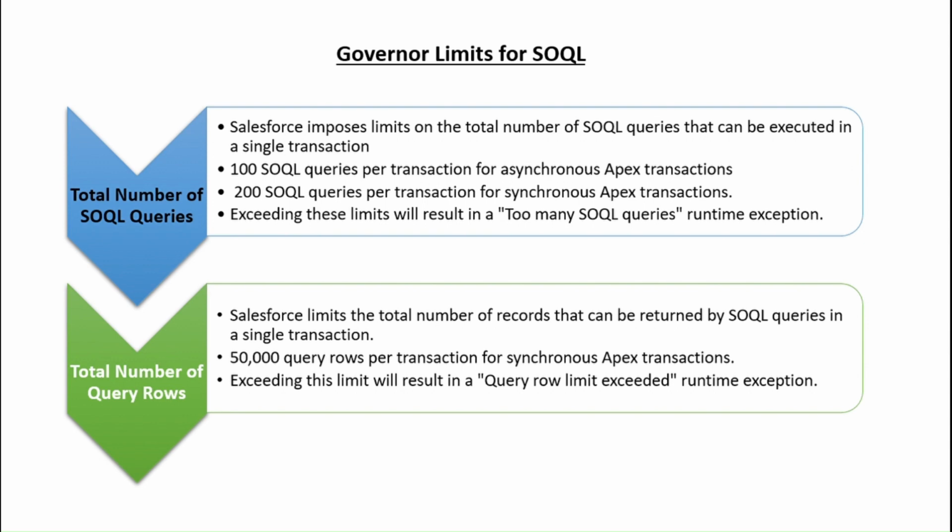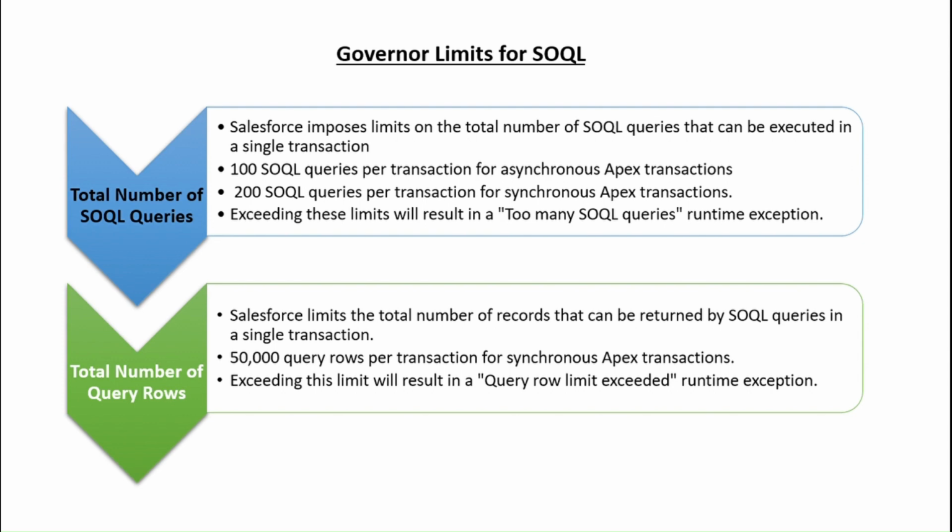If we return more than 50,000 records, then we will get an error message: query row limit exceeded. So whenever you are writing SOQL query code, you must follow these two governor limits.